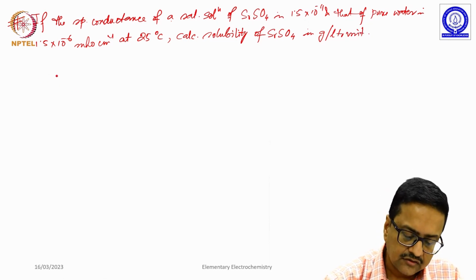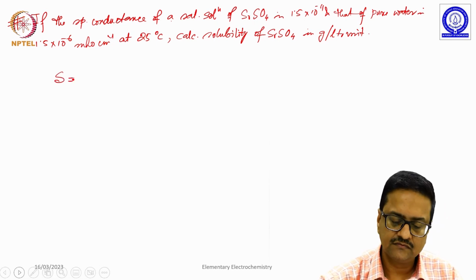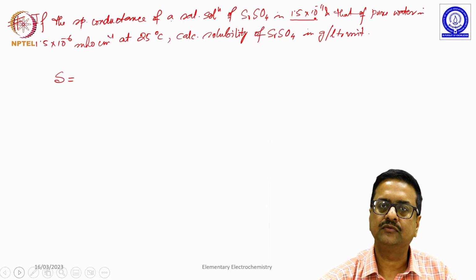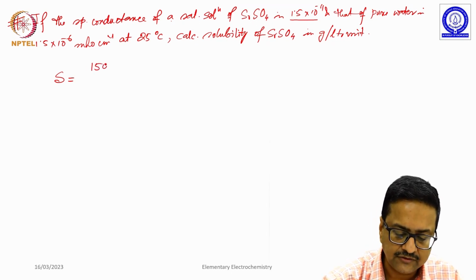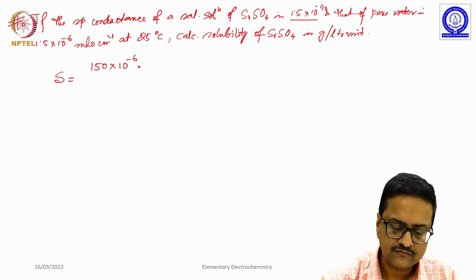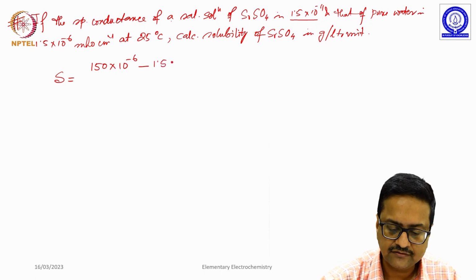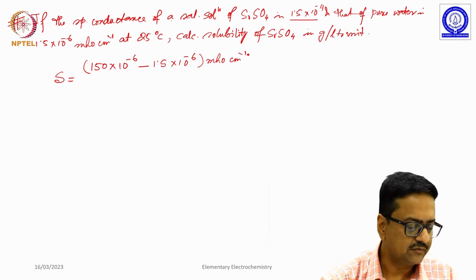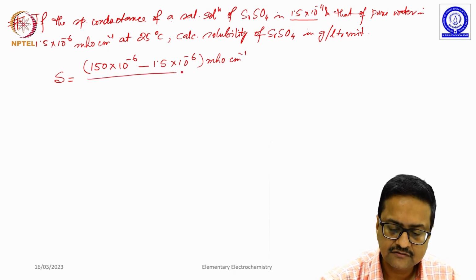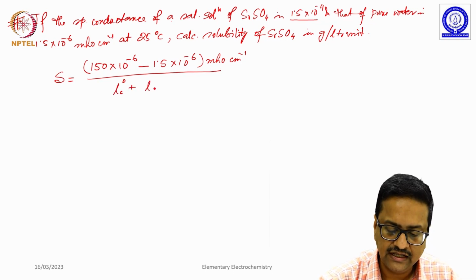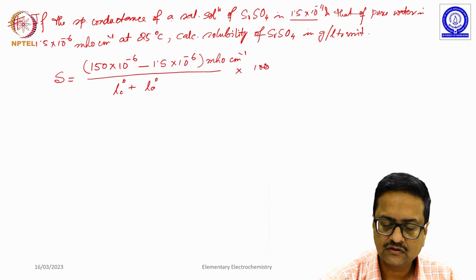So, what we should do? We should do S equal to Ls, which is 1.5 into 10 to the power minus 4, which is 150 into 10 to the power minus 6, minus 1.5 into 10 to the power minus 6 mho centimeter inverse divided by the lambda 0, that is Lc0 plus La0 into 1000.